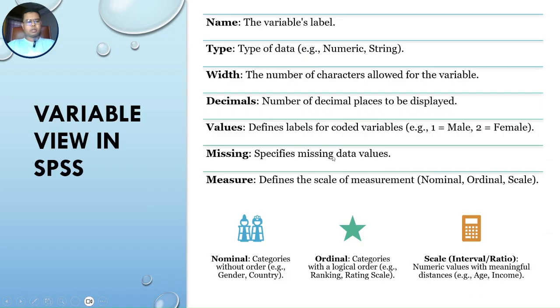Just go to the PowerPoint slide. We learned how to define the name, how to define the variable type, variable width, the decimal value, missing value, and measures. Okay. In this way, we can define our variable, and also we can enter the data directly in SPSS.